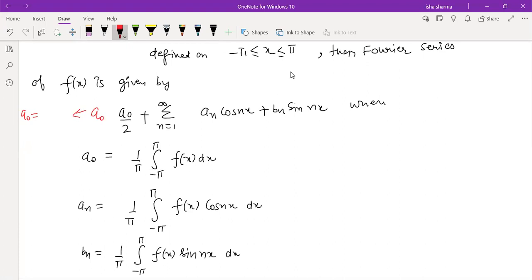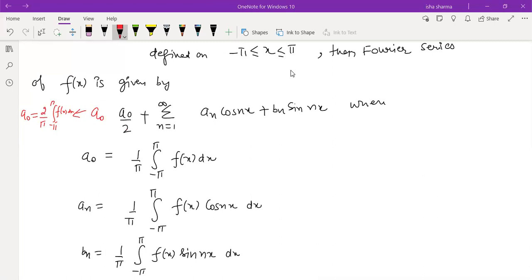So then the definition of a naught will be 2 by pi, the integral from minus pi to pi of f of x dx, because if you are replacing a naught by 2 with a naught, you have to multiply by 2 to balance things. So it's just a convention, and we will follow the convention a naught by 2, just to have symmetry in the formulas and make them easy to remember.